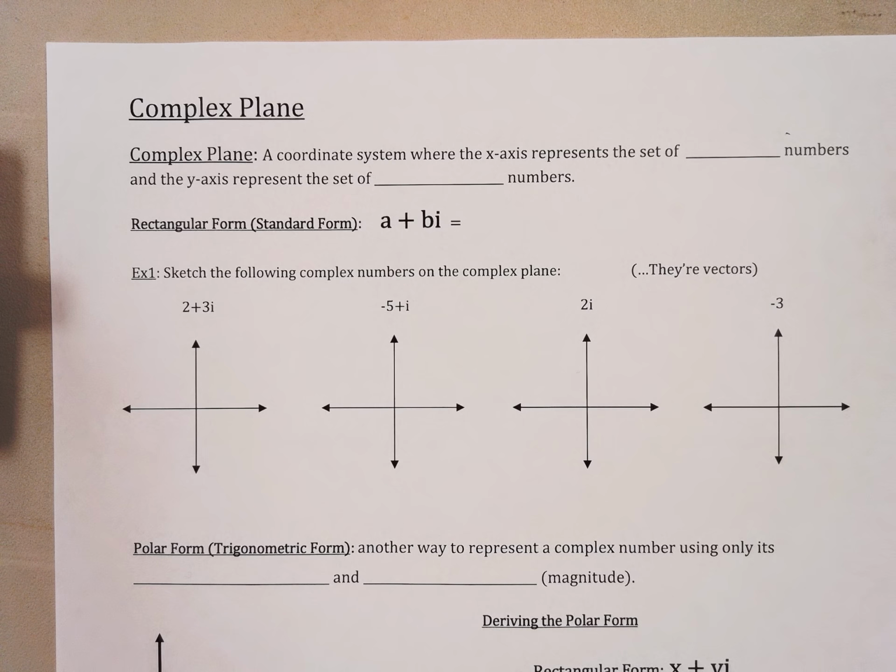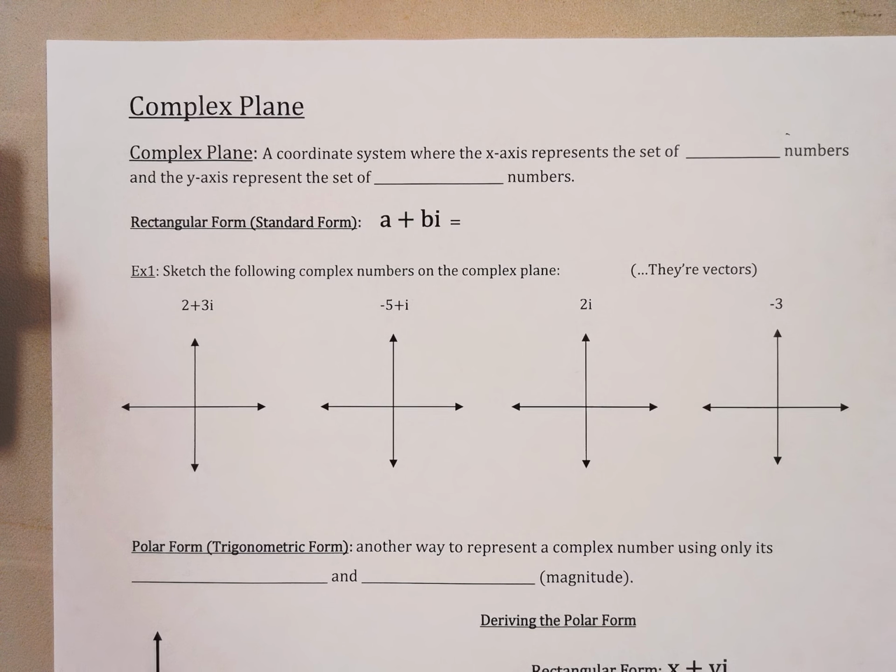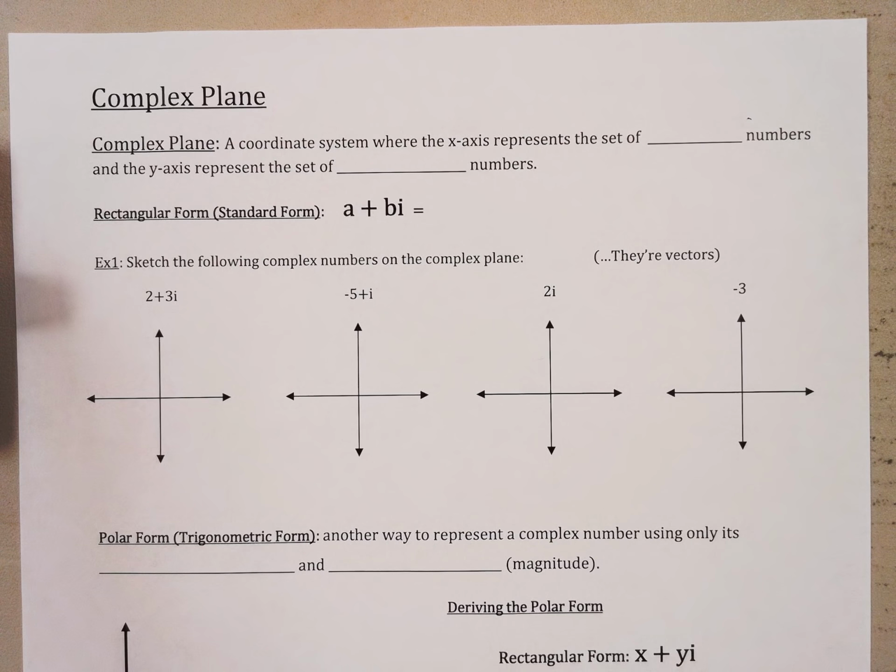So graphing actually is a lot easier than it sounds. In general, like the complex plane, we have new axes for our imaginary numbers and our real numbers, but it basically goes along with how we normally graph with x and y.